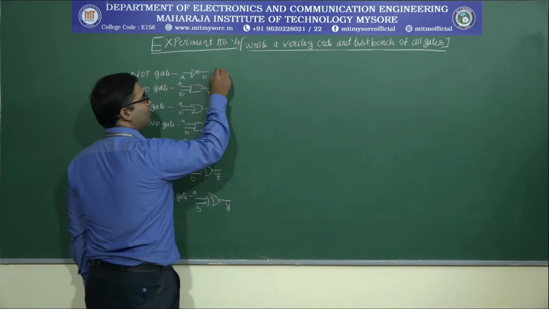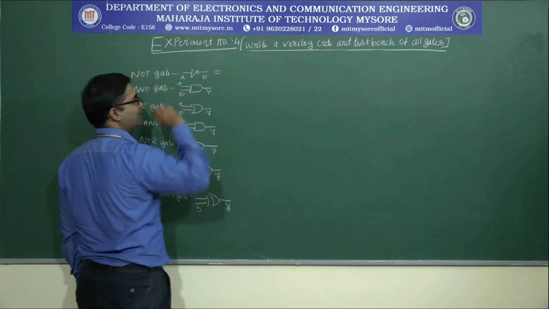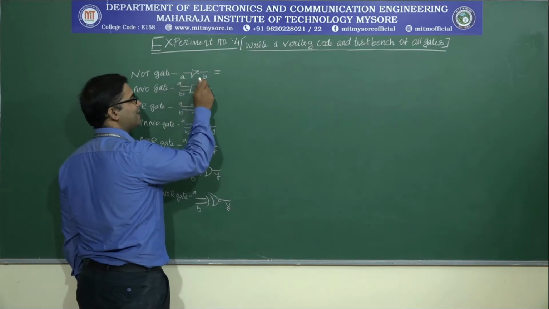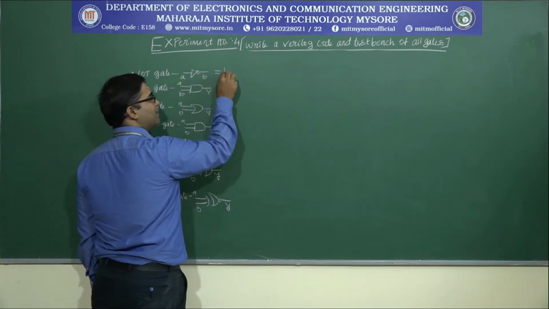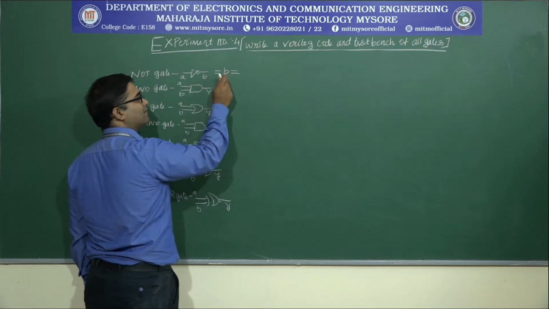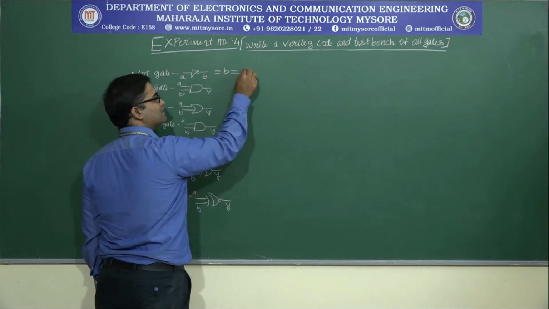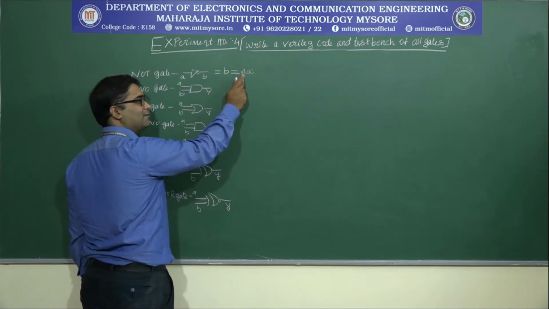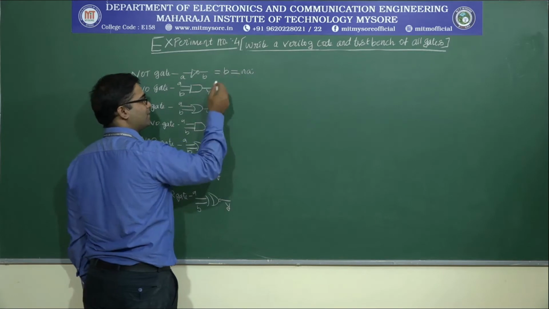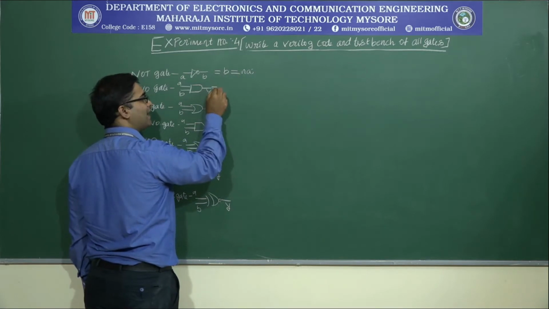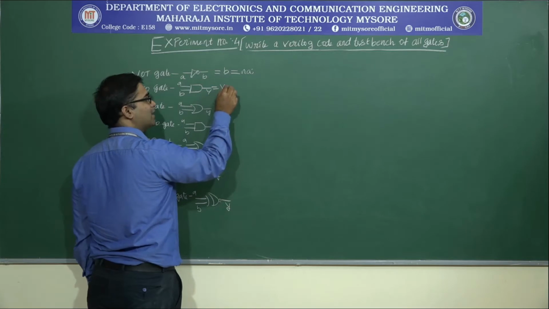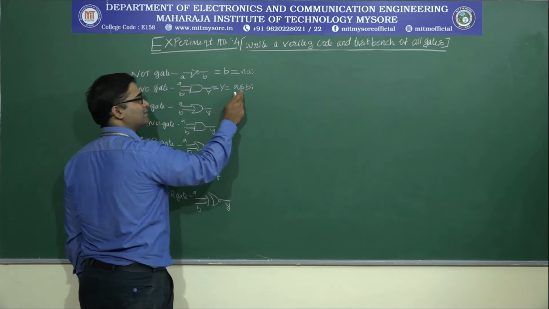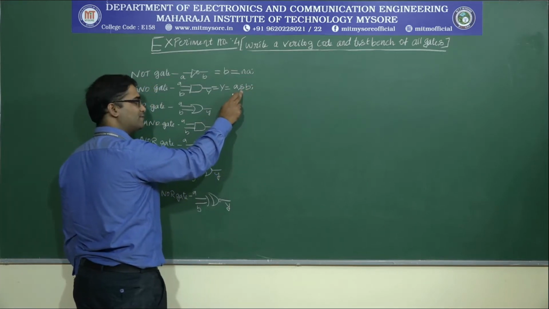For the particular NOT gate, we have input as A, output as B, and B is the complement of A. So this particular operator works as a complementary function. Next, for the particular AND gate, we do have Y as an output and A, which is ANDed with B. So this is a particular AND operator which we do define.